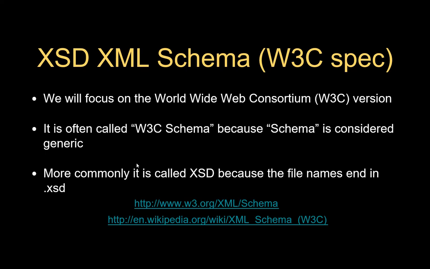So the XSD is a standard of the World Wide Web Consortium, or W3C. It's often called W3C schema, and another way of calling it is XSD, because the file name ends with .xsd.